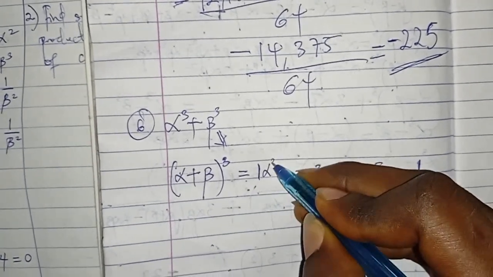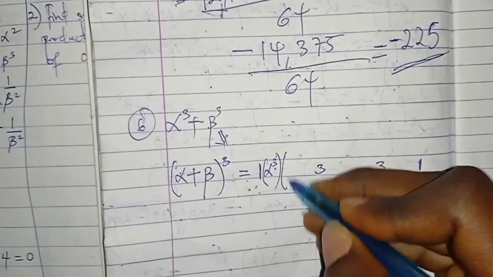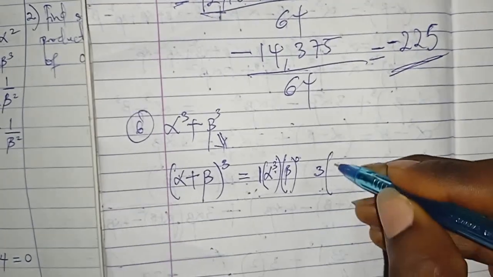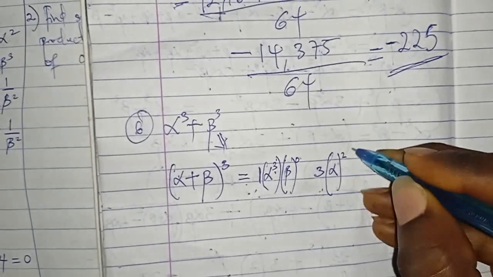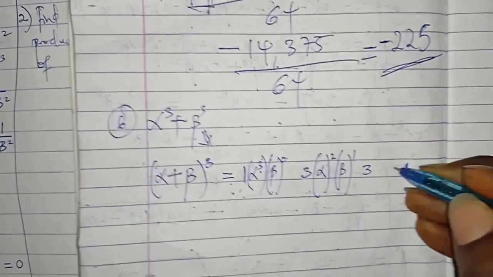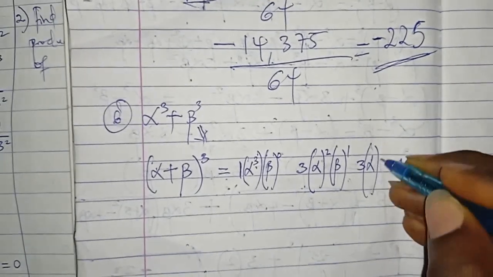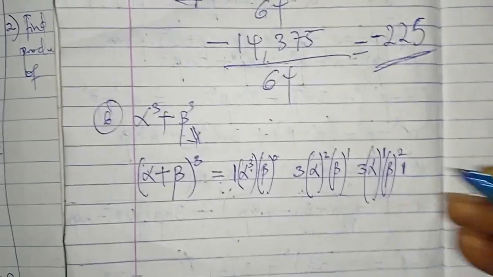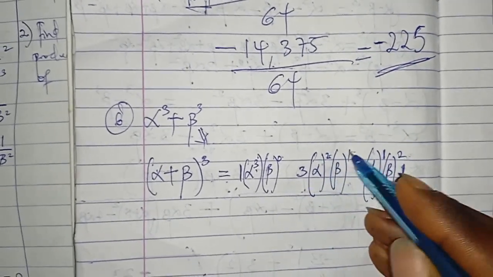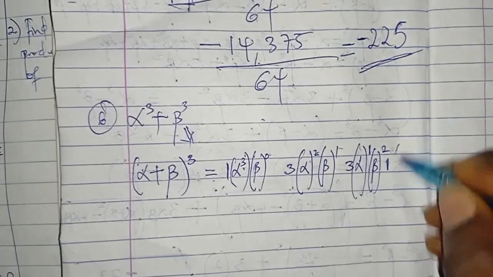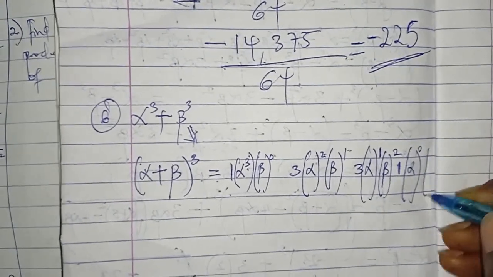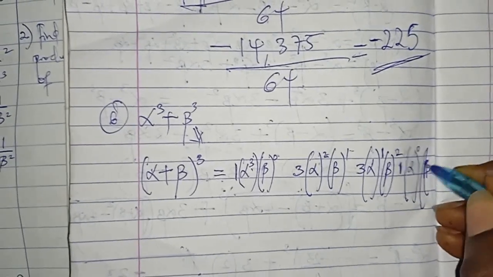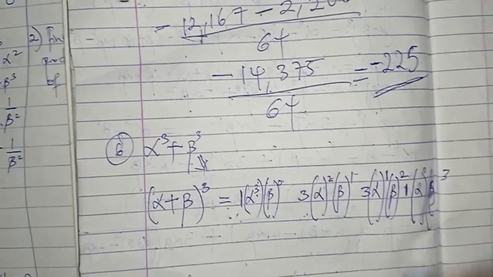So that we now have alpha raised to power 3, then beta raised to power 0. Then alpha raised to power 2, beta raised to power 1. Alpha raised to power 1, beta raised to power 2. The powers will sum up to 3 in each case. So alpha raised to power 0, beta raised to power 3.